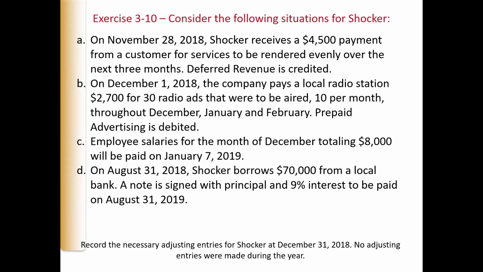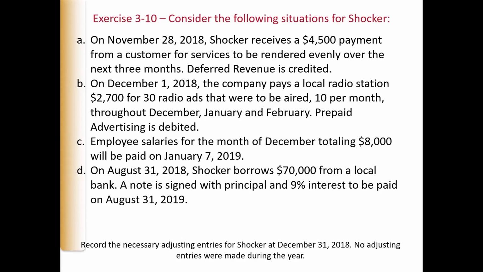So in a nutshell, can you tell me what's happening here? And why do we need to create an adjusting entry? So to me, I see that it says the deferred revenue is being credited.